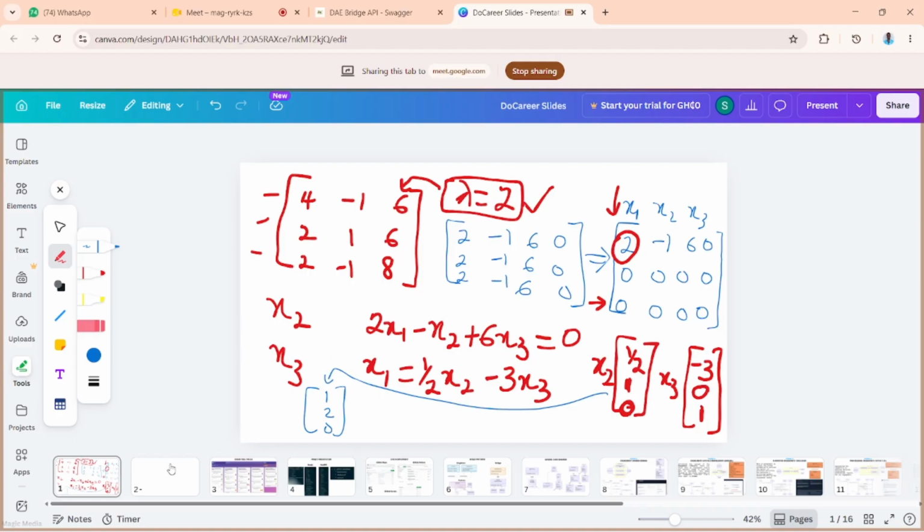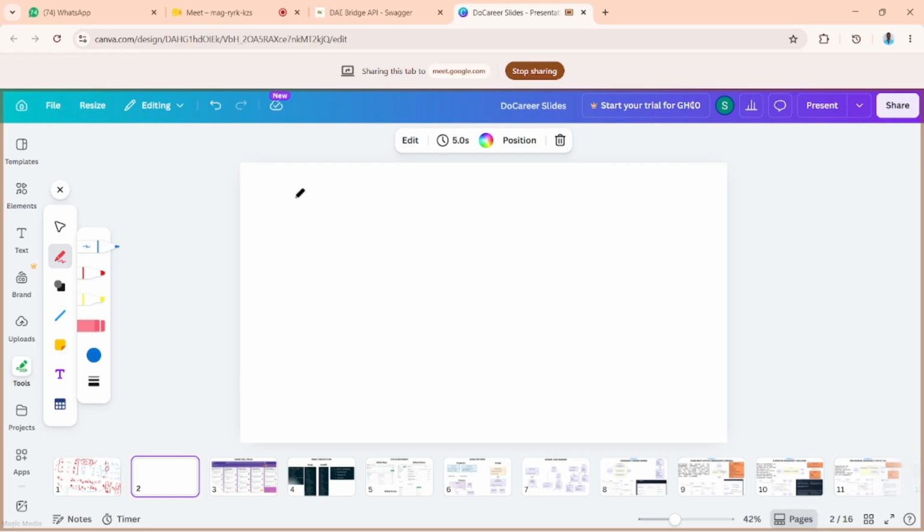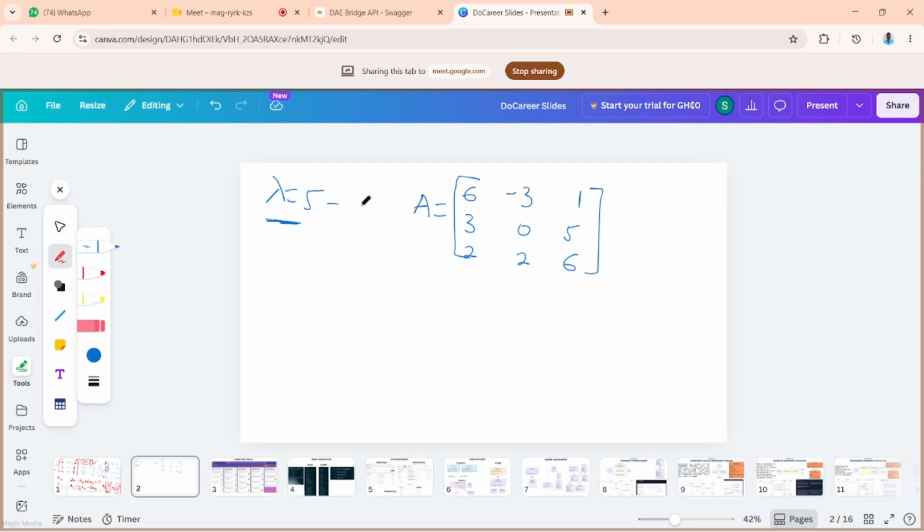So I'll give the matrix: 1 3 0 5 2 2 6 2 2 6. We reduce it to REF. This is why we should confirm: is 5 an eigenvalue for A?